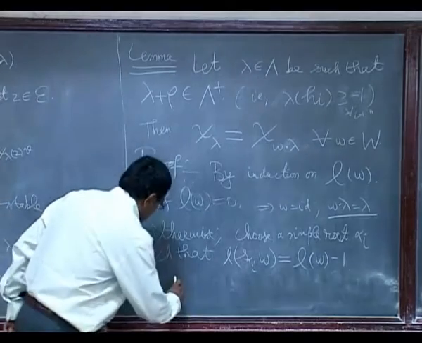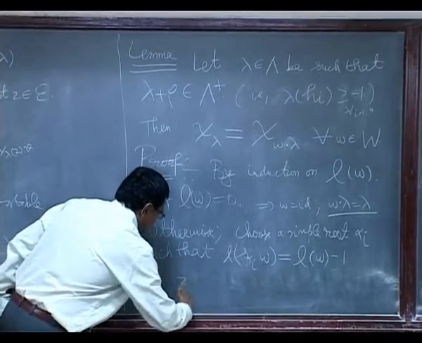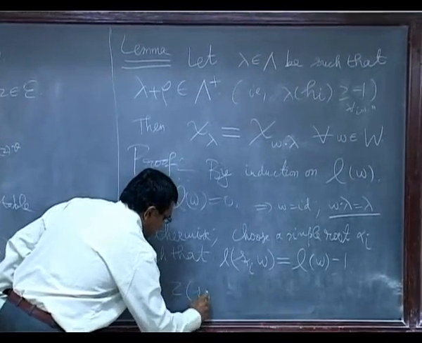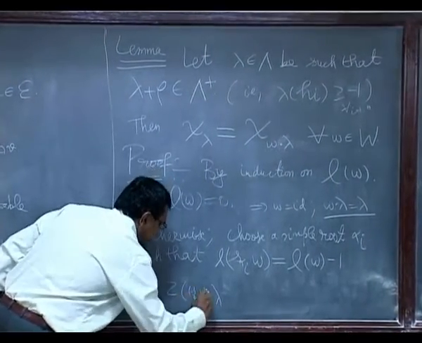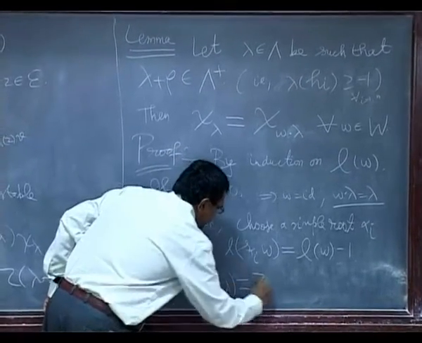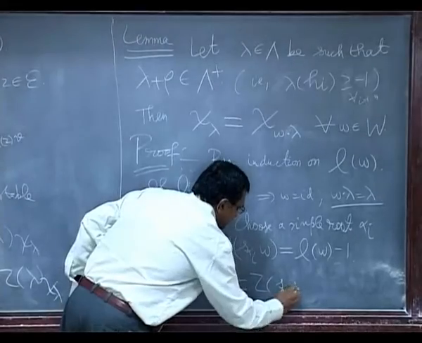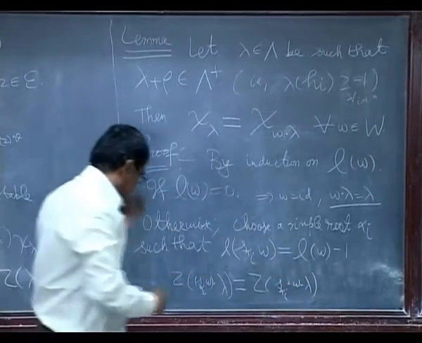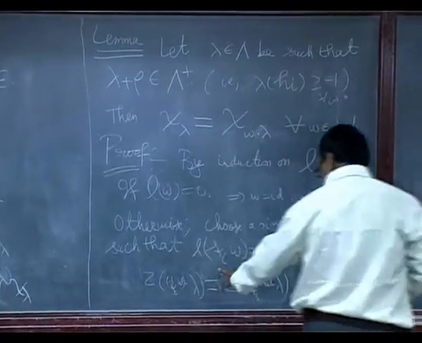Now look at this: s_alpha_i w dot lambda. There is a bracket here, but it is the same as s_alpha_i dot w dot lambda, because I told you it is an action. But we are not going to use that. So look at this one.